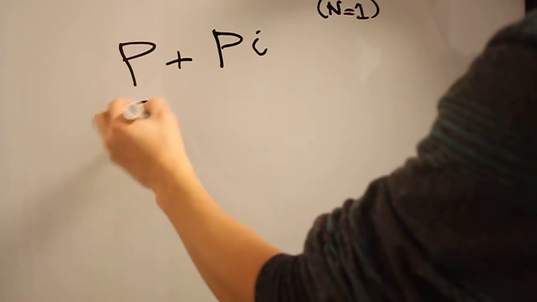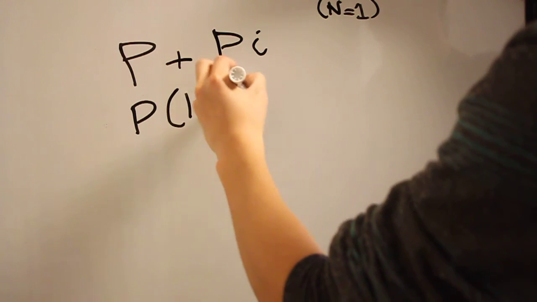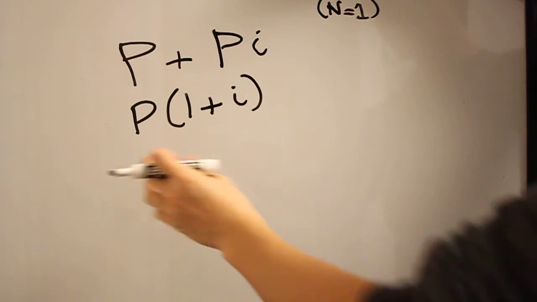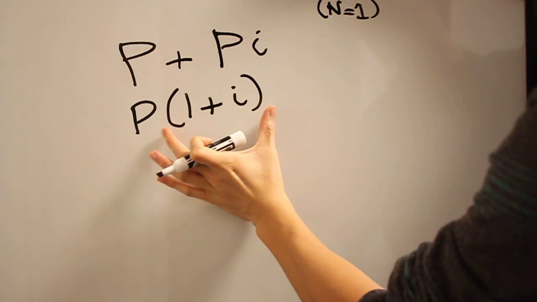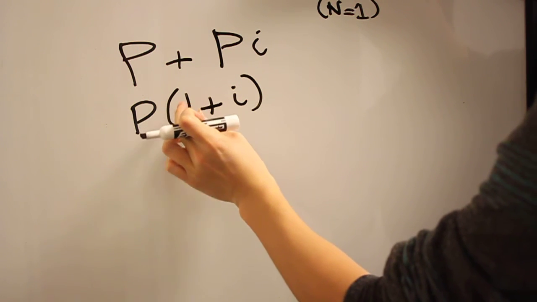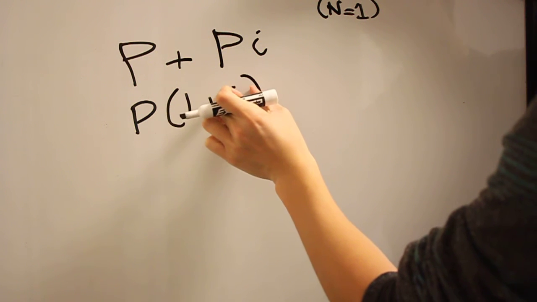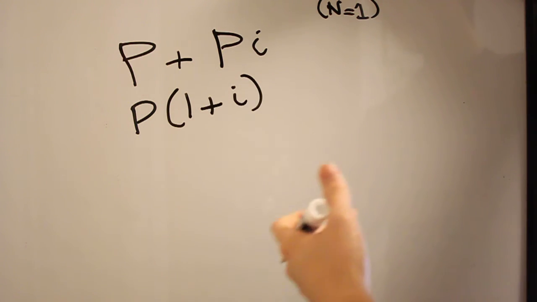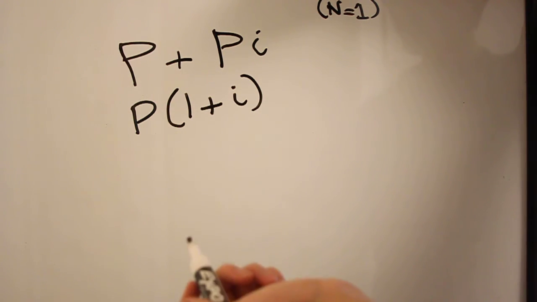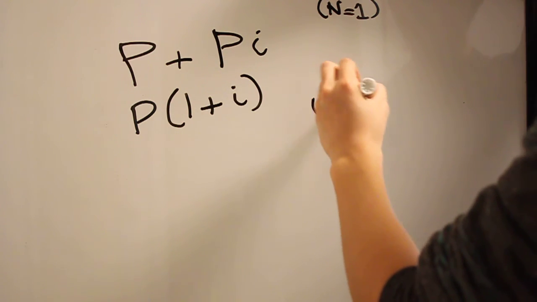Now let's write this a little more simply. Now notice here that it's P times the quantity 1 plus I. You want to think of 1 as what you had originally added to the little amount of value accrued through investment. So this is after one time.